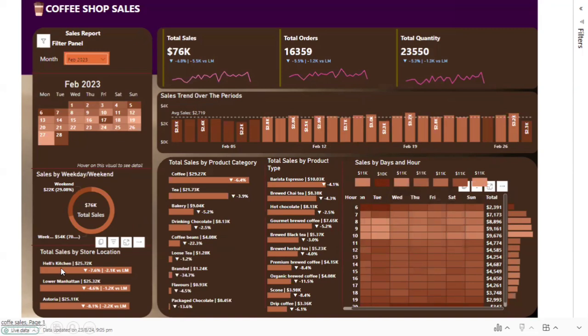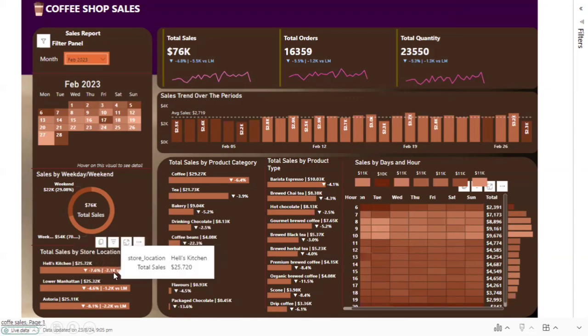On the basis of location, Hell's Kitchen's total revenue was 25.7K, Lower Manhattan 25.32K, and Astoria 25.11K. Here we can see a total decrease of 7.6% in the sales of Hell's Kitchen compared to January, a 2.1K decrease.